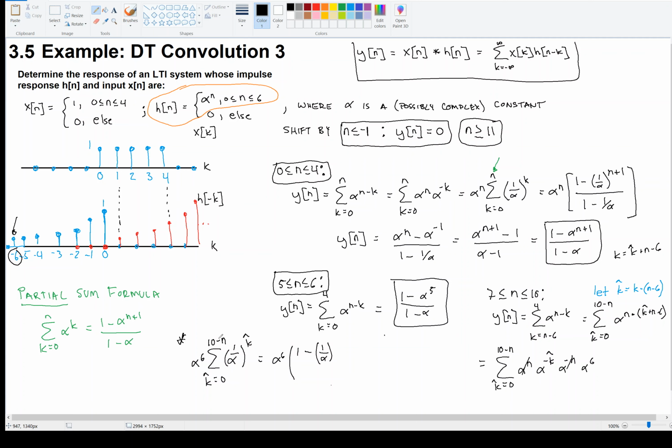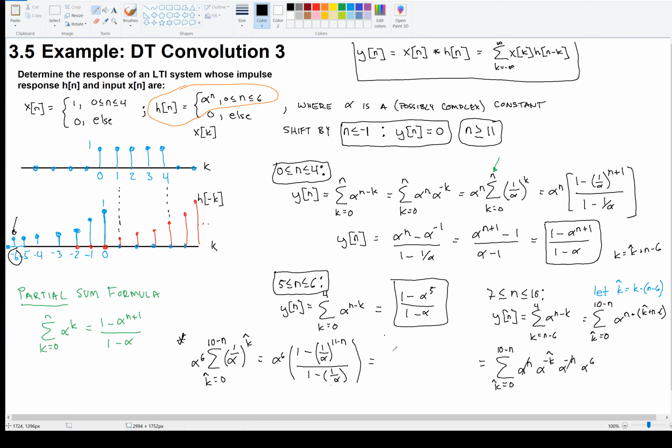So the top bound is 10 minus n, plus 1 is 11 minus n, over 1 minus the constant, 1 minus 1 over alpha. Okay, so now I've solved the sum.